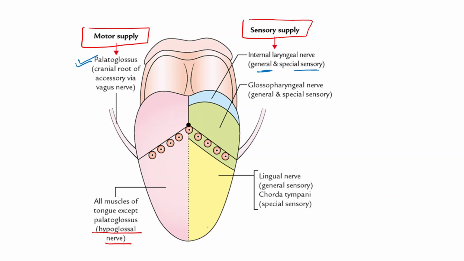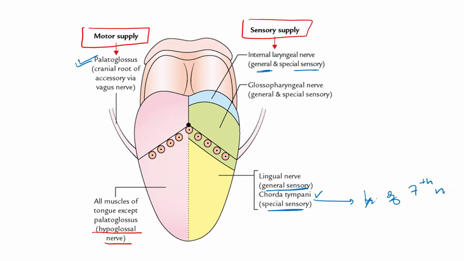Regarding the anterior two-third of the tongue, the general sensation is by the lingual nerve, and the taste sensation is carried by the chorda tympani nerve, which is the branch of the facial nerve, the seventh cranial nerve.